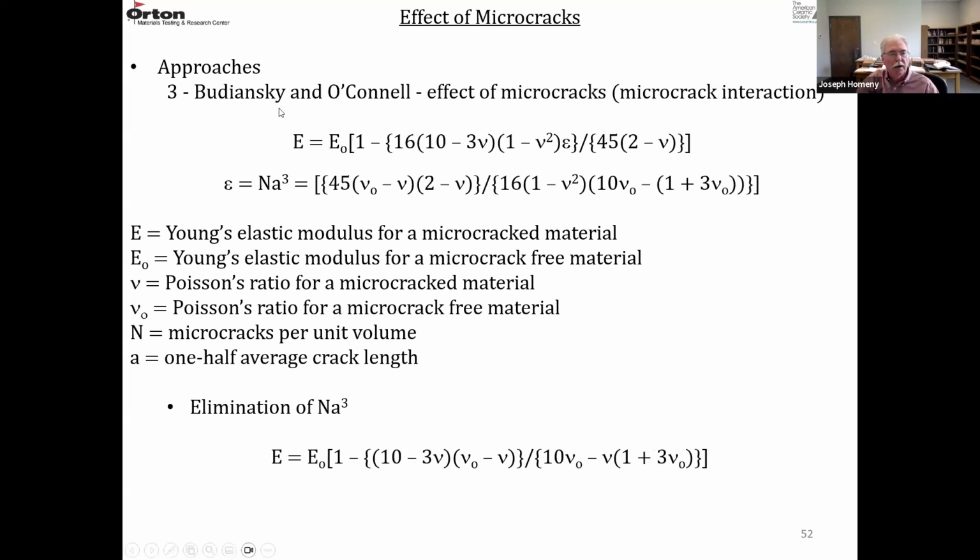The third approach here is by Budiansky and O'Connell. Again, they account for microcrack interaction. So here's another equation for E, and here's the equation for strain.